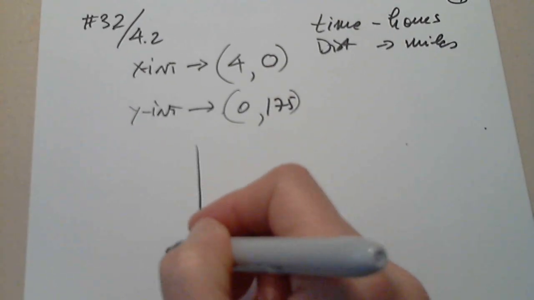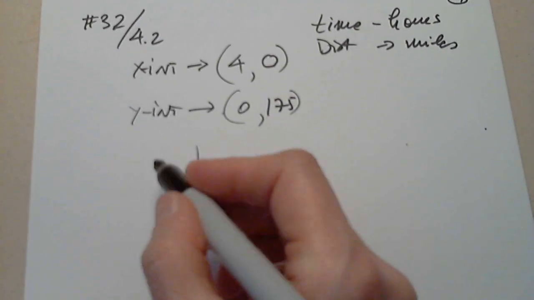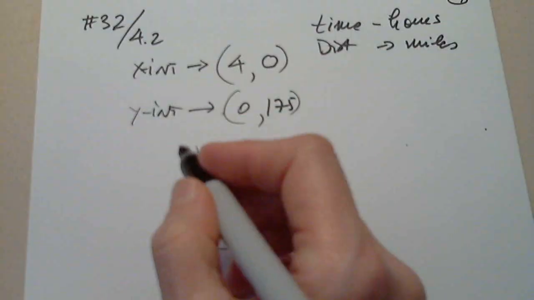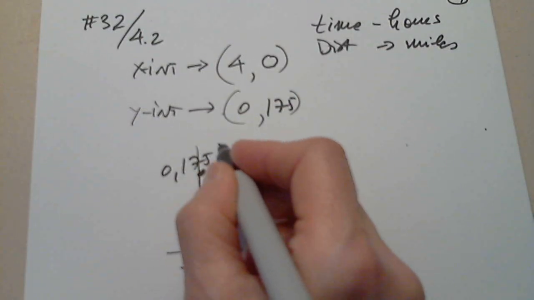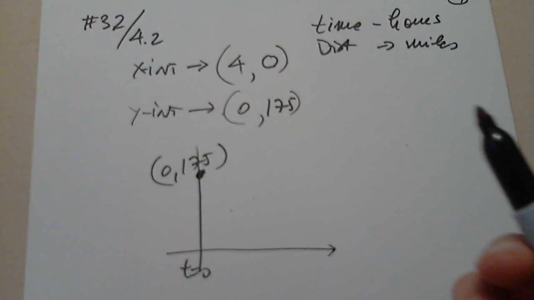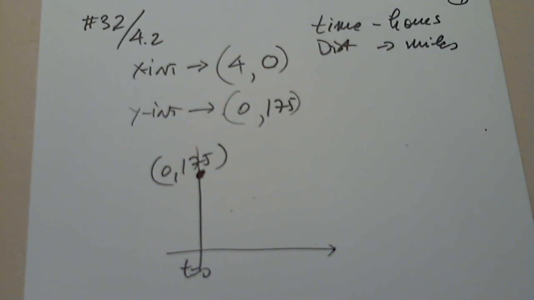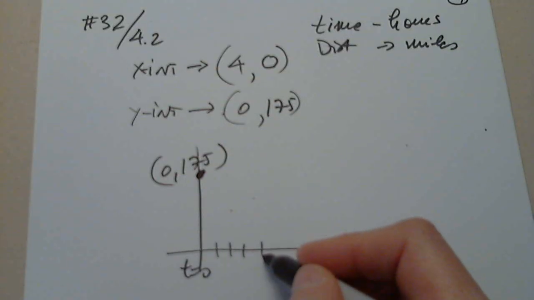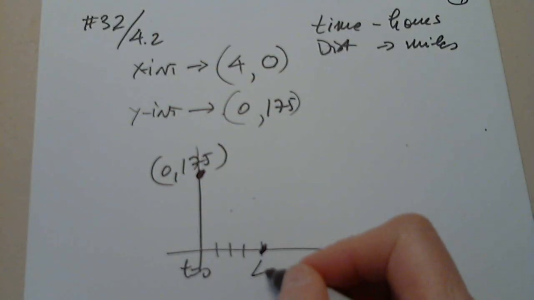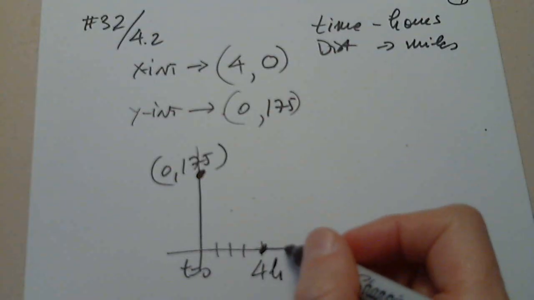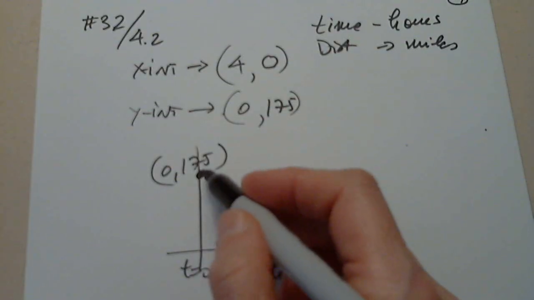So it means that we are here at time equals 0, 0 comma 175. We are 175 miles away from our destination. 4 hours later, we are here. In other words, the distance is 0.